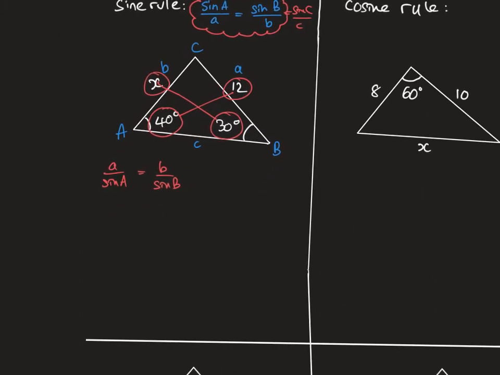So what I'm going to do now is I've got those here. I've got my small a, and that is 12. And I've also got its opposite angle, which is 40. Now also we've got this b here, which I'm going to call x, and we've also got its opposite angle there, which is 30.